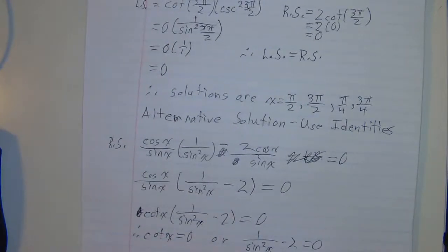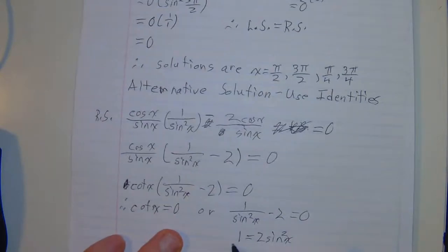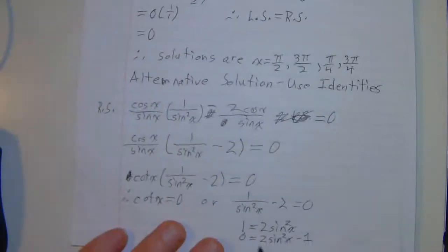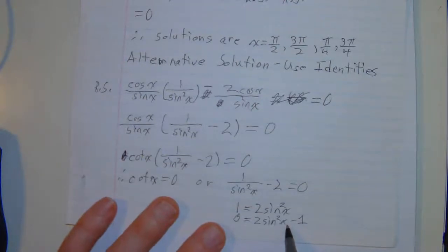Rearrange that, we get 1 equals 2 sine squared x, or 0 equals 2 sine squared x minus 1. And we can finish solving this as difference of squares.